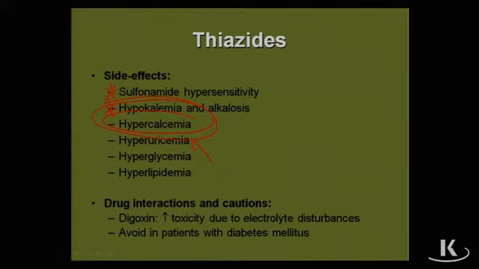Hyperuricemia, I'm sure you recall that it's by competition between the weak acidic drugs that are thiazide and the uric acid. And hyperglycemia and hyperlipidemia. Can anyone think about how this happens? All you must think about, once again, is how is it that a thiazide lowers blood pressure? It did it through ATP-dependent potassium channel opening.